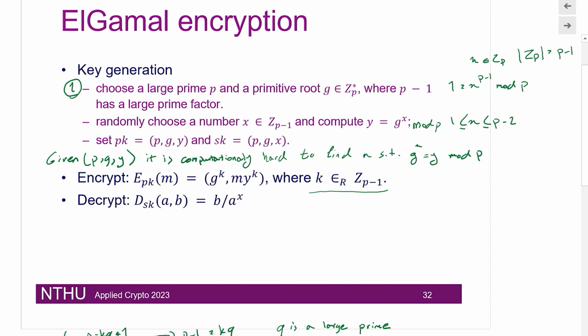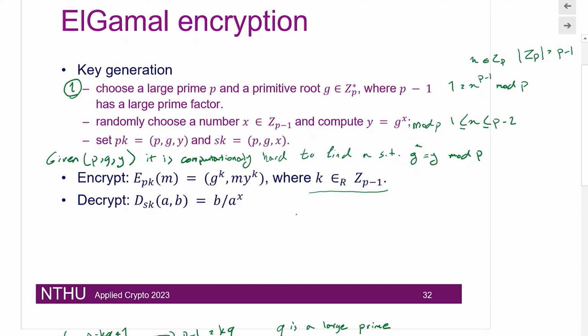To encrypt a message M, we generate a random number k from 0 to p minus 2, and compute the ciphertext as two numbers. The first one is g to the k, the randomness that we chose. For the second part, we multiply m, the message we want to encrypt, by y to the k.